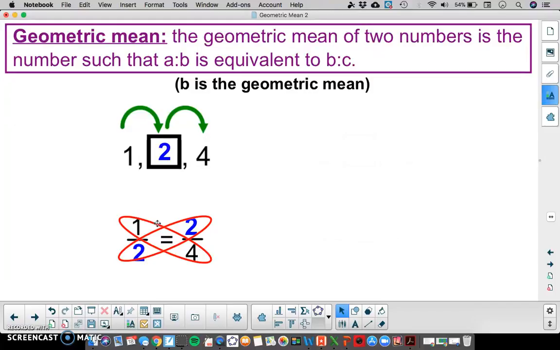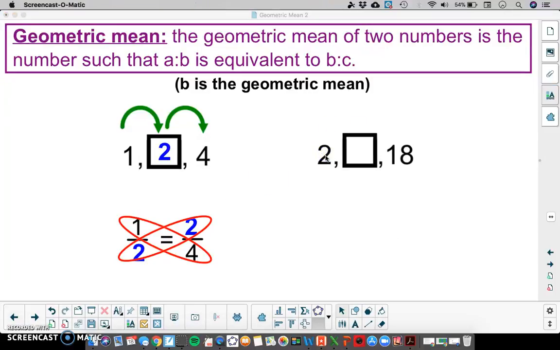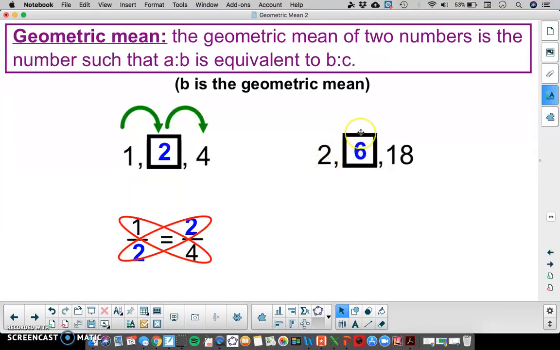Let's take a look at another set of numbers, 2 and 18. You might be able to guess and check this in your head. 2 times a number gets me to our geometric mean, and then our geometric mean times that same ratio gets me to 18. If you guess and check for a little while, you might find that the geometric mean is 6, because 2 times 3 is 6, and 6 times 3 is 18.